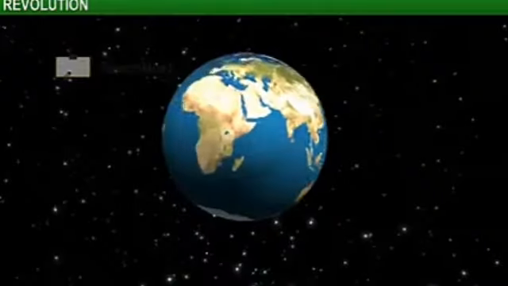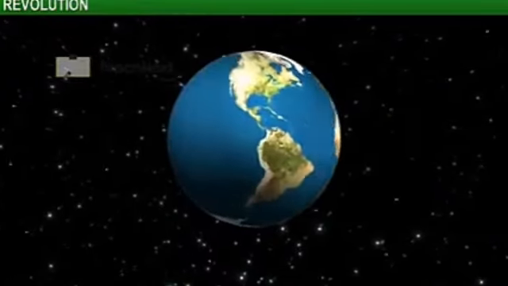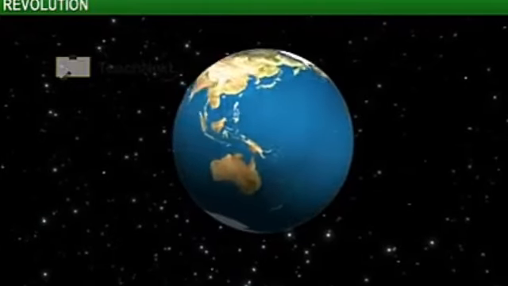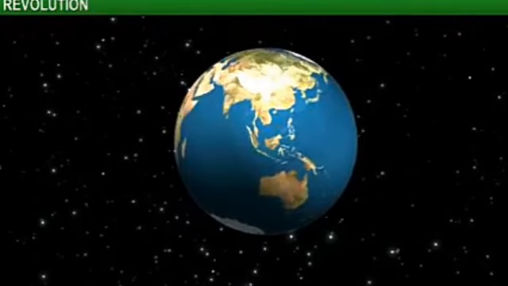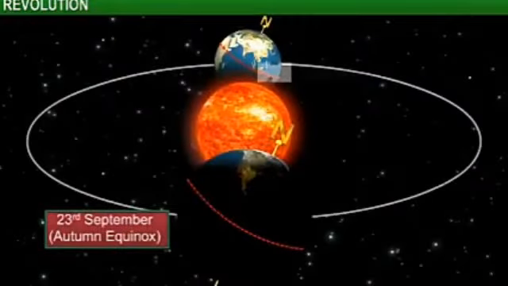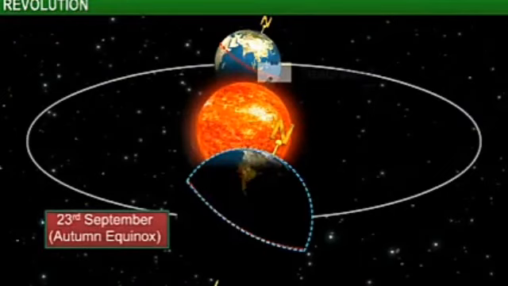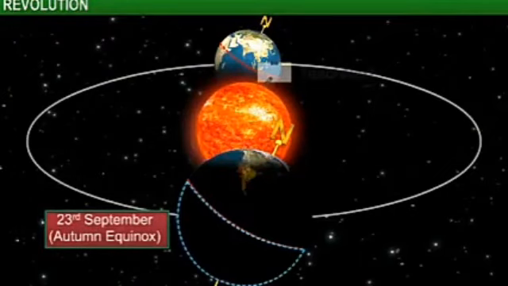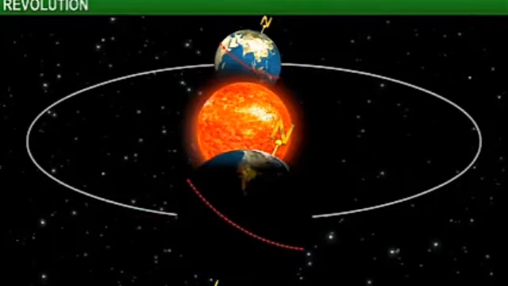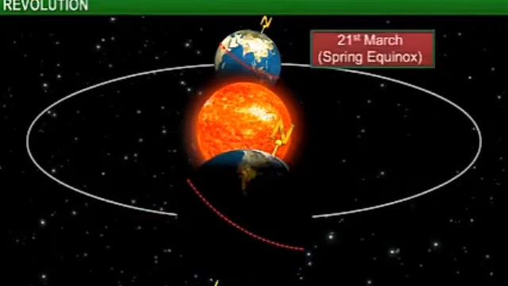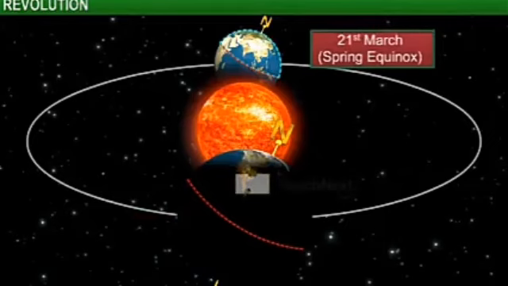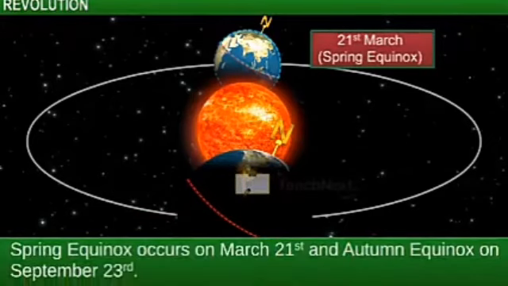On these days, the day and night are of equal duration on Earth. On September 23rd, it is autumn season in the Northern Hemisphere and spring in the Southern Hemisphere. The opposite is the case on March 21st, when it is spring in the Northern Hemisphere and autumn in the Southern Hemisphere.